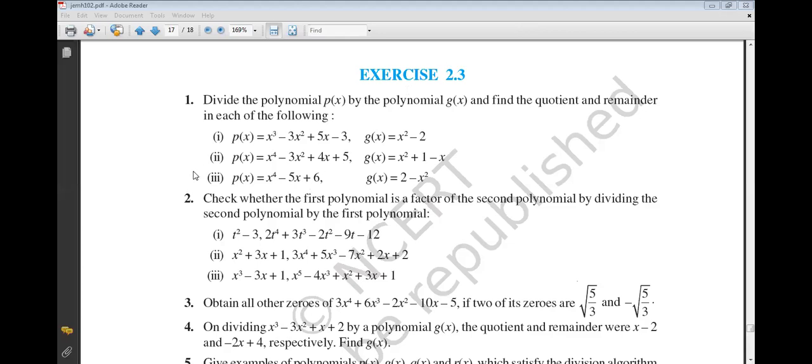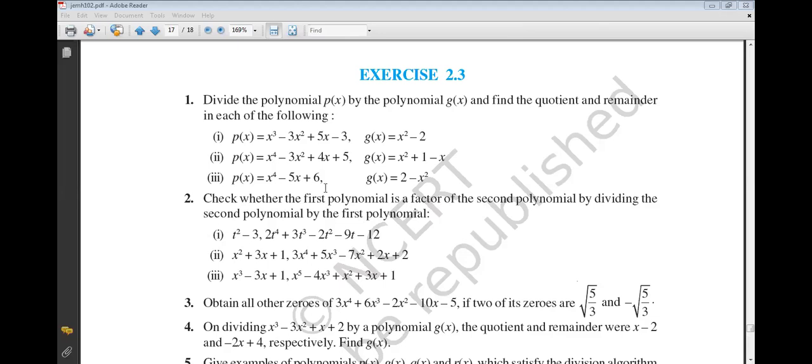Question 2: check whether the first polynomial is a factor of the second polynomial by dividing the second polynomial by the first polynomial. As I made clear, when you divide the polynomials and in the remainder part you get 0, then it is a factor of the polynomial.